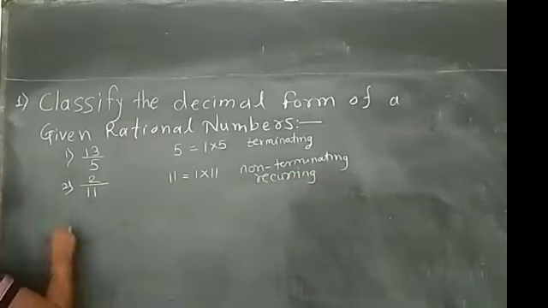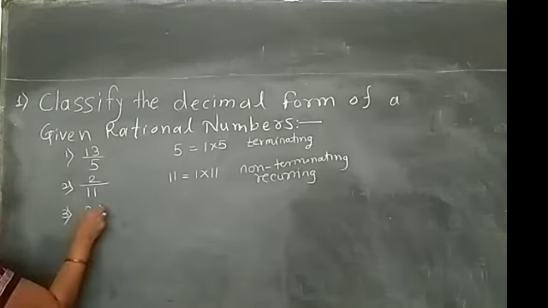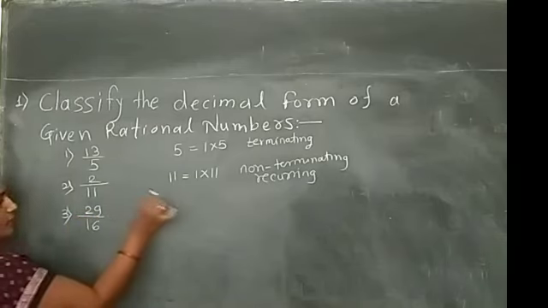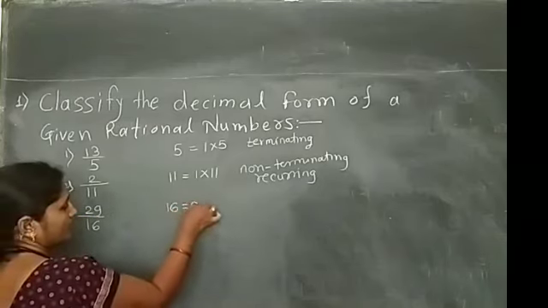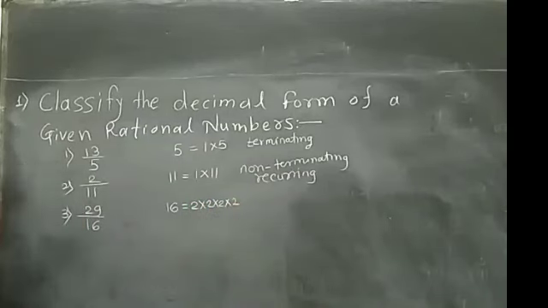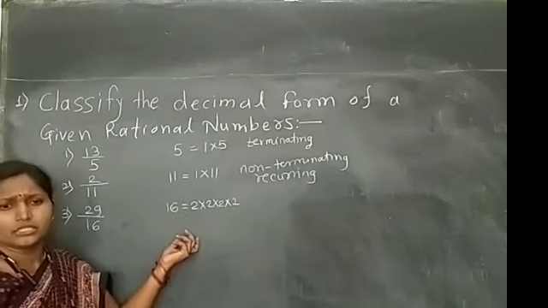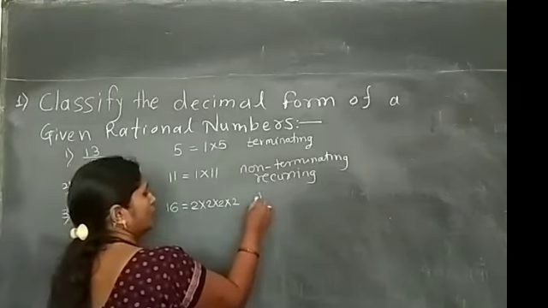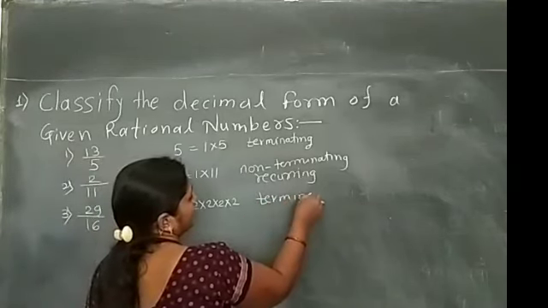The third example is 29 upon 16. Here the denominator 16 has prime factors 2 into 2 into 2 into 2. The prime factor is 2, so the decimal form is terminating.